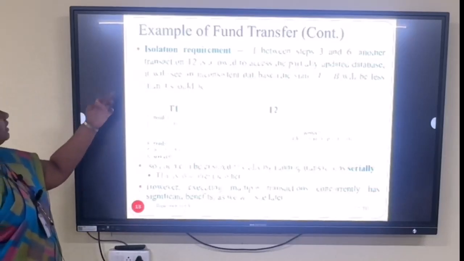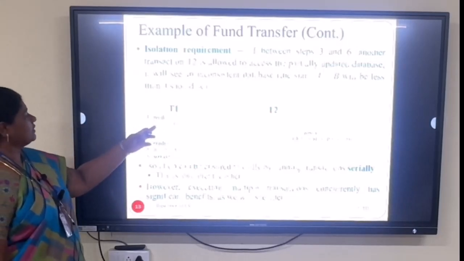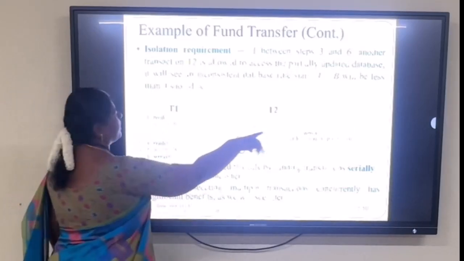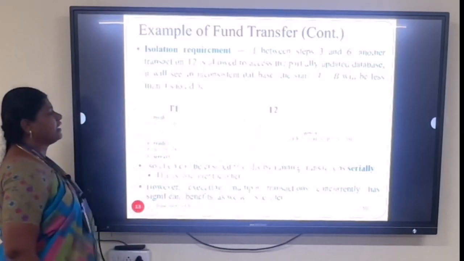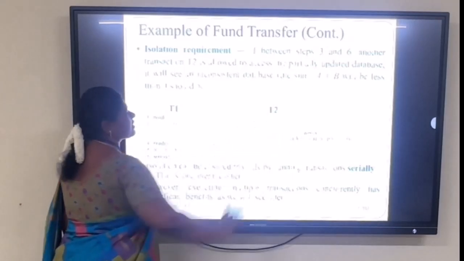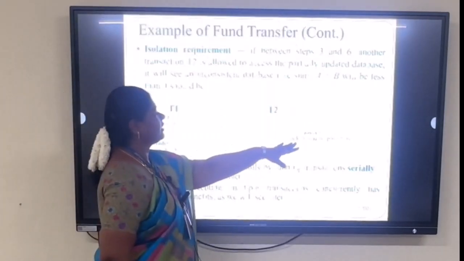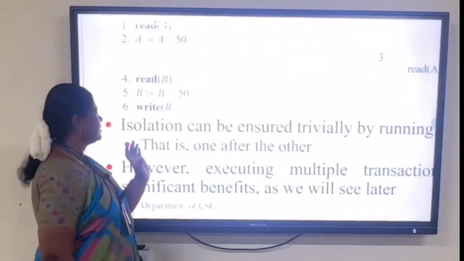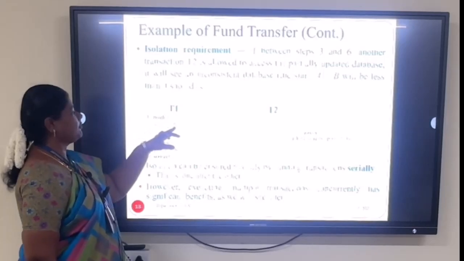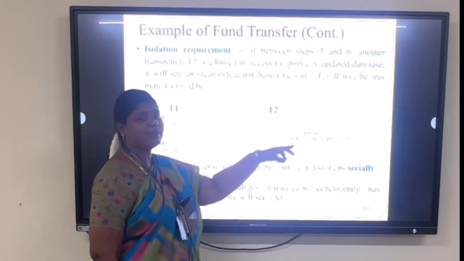Here, in transaction 1, the data in account A has been reduced by 50, and in transaction 2 the write operation takes place. Transaction 2 will not write the exact value of A, since in read A the value of A has been reduced, but in transaction 2 the value which is available in A will be written.